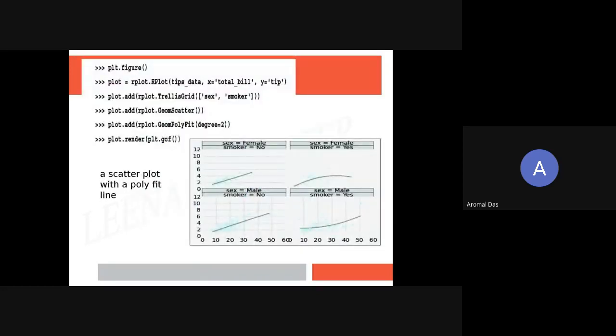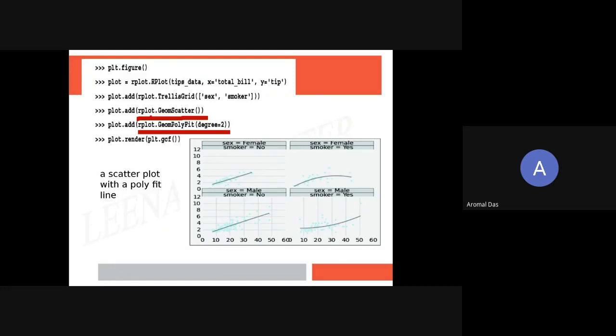After that, suppose you want to draw a polyfit line together with this scatter plot. Here we are using rplot.geom_scatter. After that, you have to use rplot.geom_polyfit with degree equal to 2.